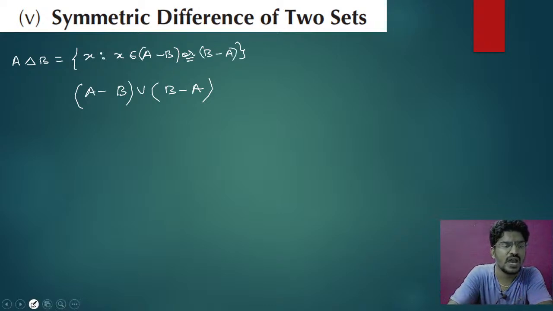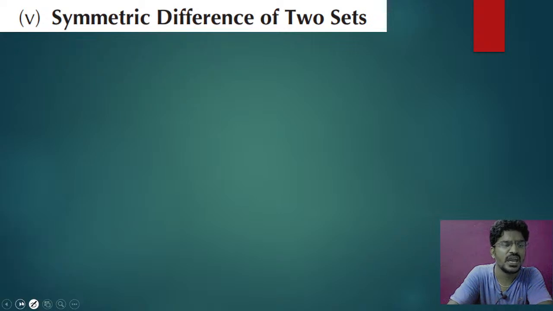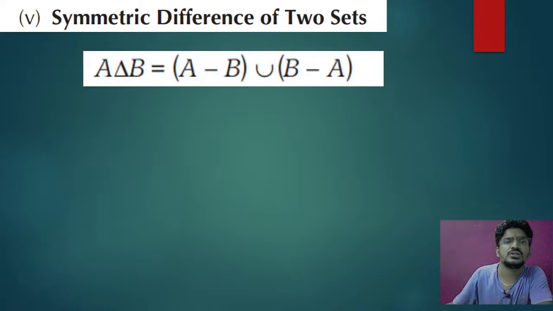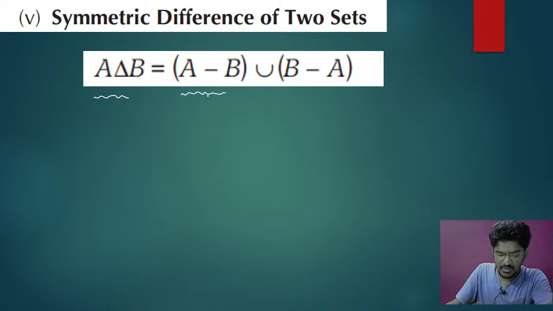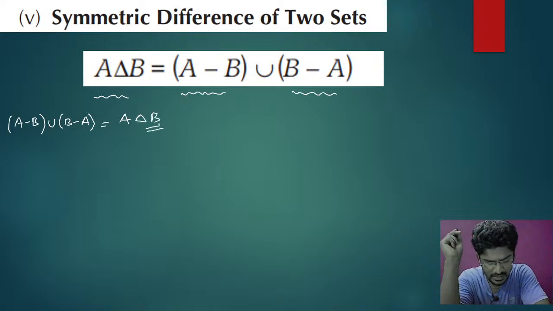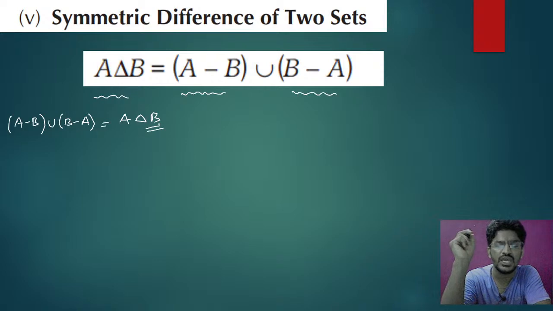So that means you have to take the union of A minus B and B minus A. See this, A delta B. That means the elements which are present in A minus B as well as the elements which are present in B minus A. Already you know how to calculate A minus B and B minus A. If you take the union of this, that will be the symmetric difference of A and B.